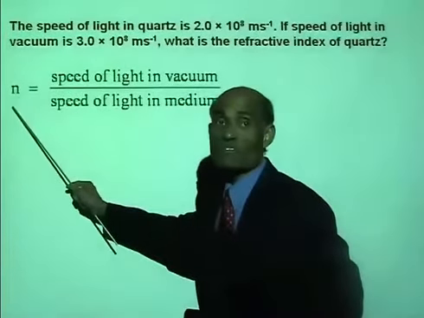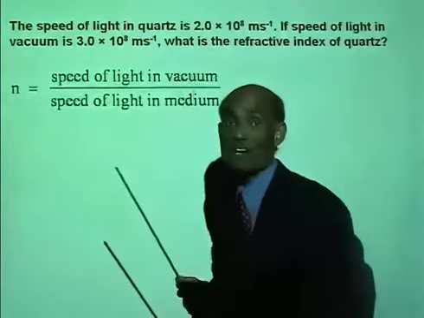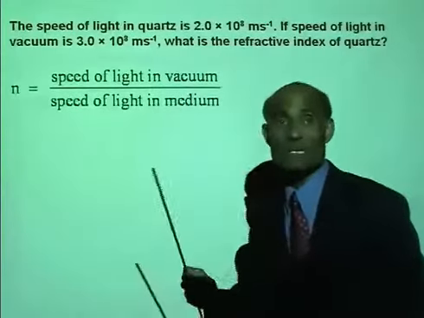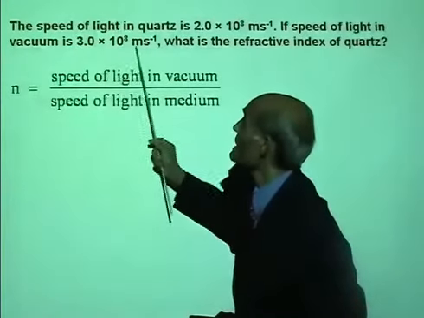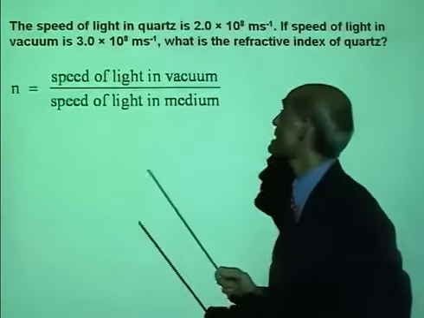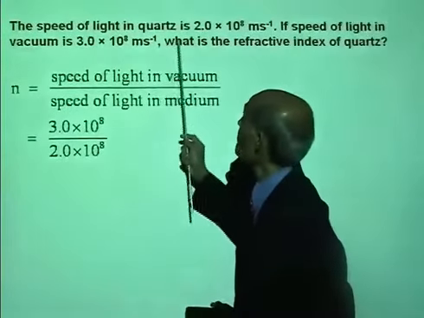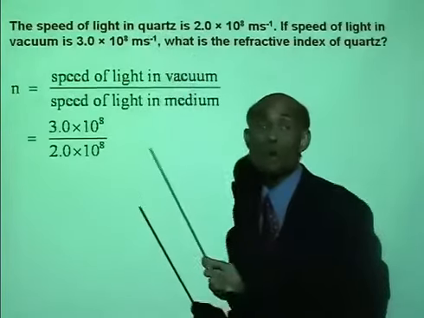n, the refractive index of the medium, is speed of light in vacuum divided by speed of light in that medium. Now, speed of light in vacuum is 3 times 10 to the 8 meter per second. And the medium is quartz.